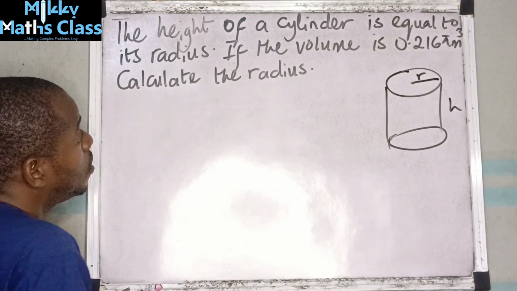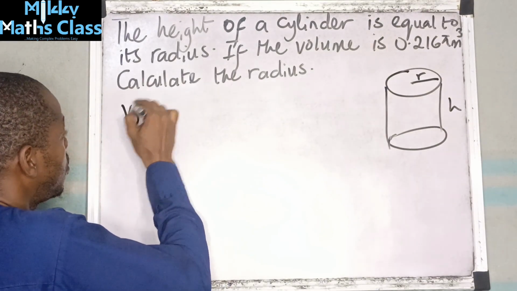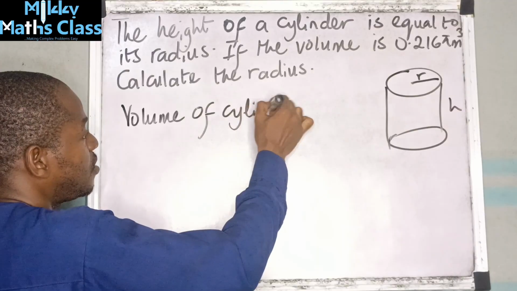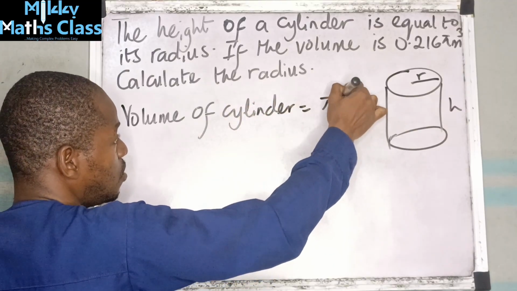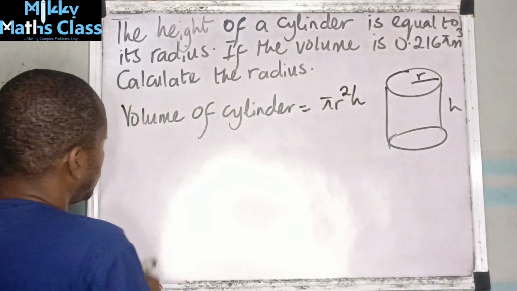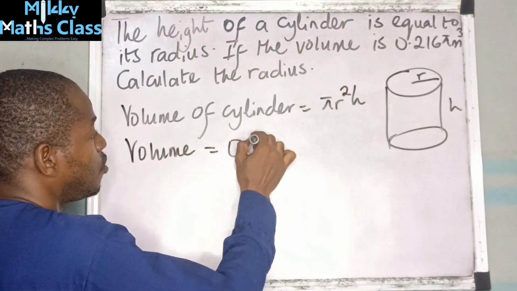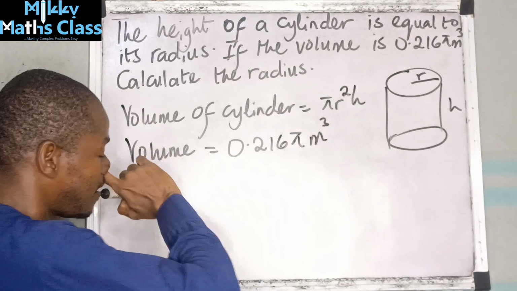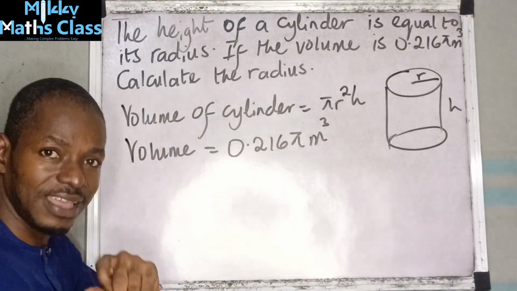If the volume of the cylinder is 0.216 pi m to the power of 3, now the formula for finding the volume of a cylinder is given by pi r squared h. That's the formula. So we are told that the volume is equal to 0.216 pi m to the power of 3, that's meter cube or cubic meter. Calculate the radius. Find the radius.